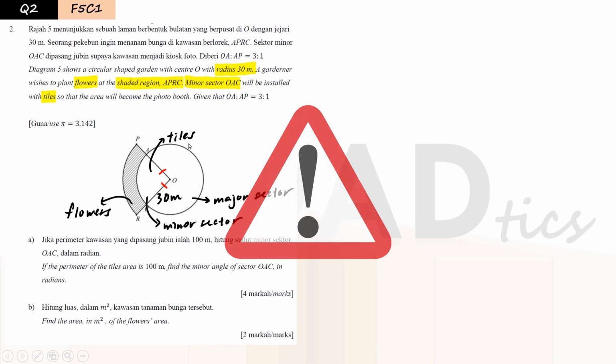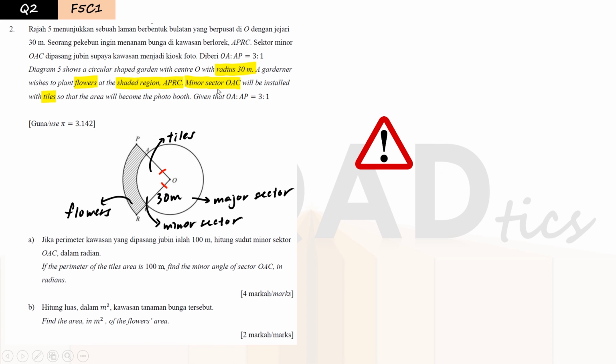Before we move on, I would like to explain two words. One is called sector and the other is called segment, which I think a lot of students will confuse. These two are quite different, so let me explain the details now. A sector is the part of the circle that involves the center of the circle, something like this.